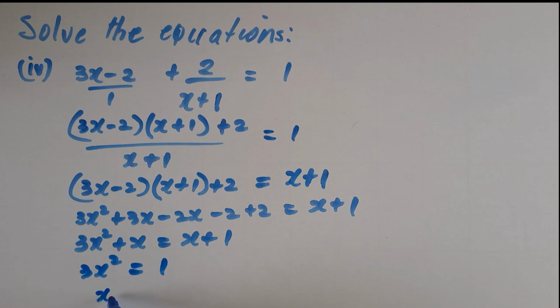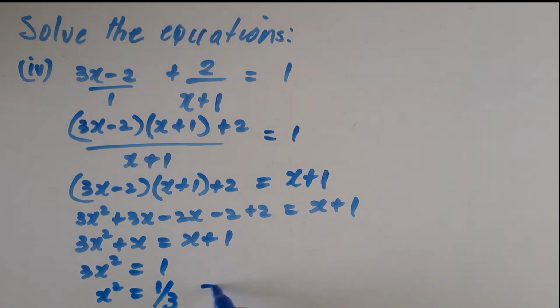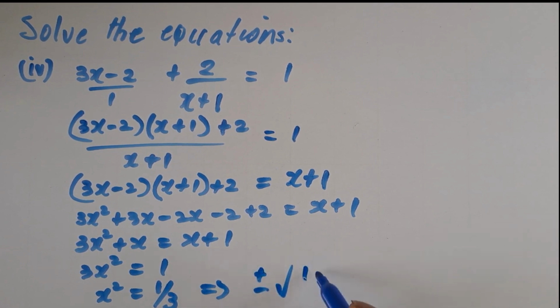So x squared is equal to 1/3, which implies that x has two values, guys, plus or minus the square root of 1/3. And this is the solution to our final equation.